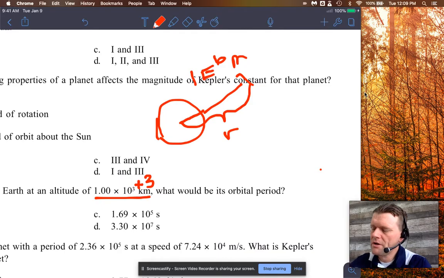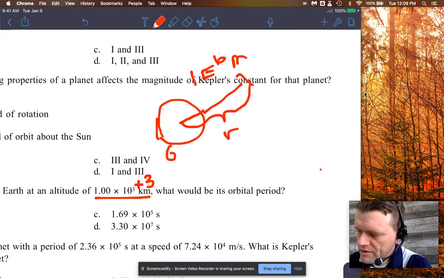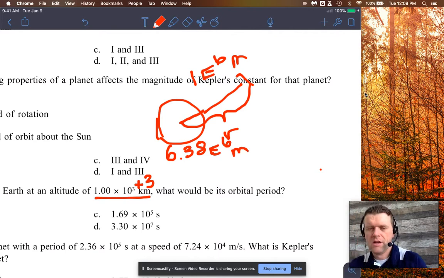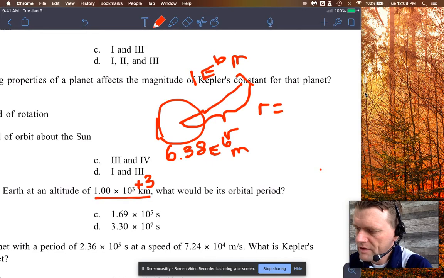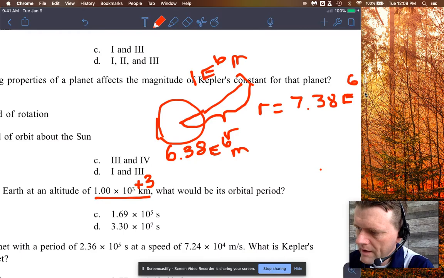So we need to add the radius of the Earth, which is horribly disproportionate here, but it's really 6.38 times 10 to the 6th meters. That's off your formula sheet. So r, the total distance, is those two added together, 7.38 times 10 to the 6th meters.